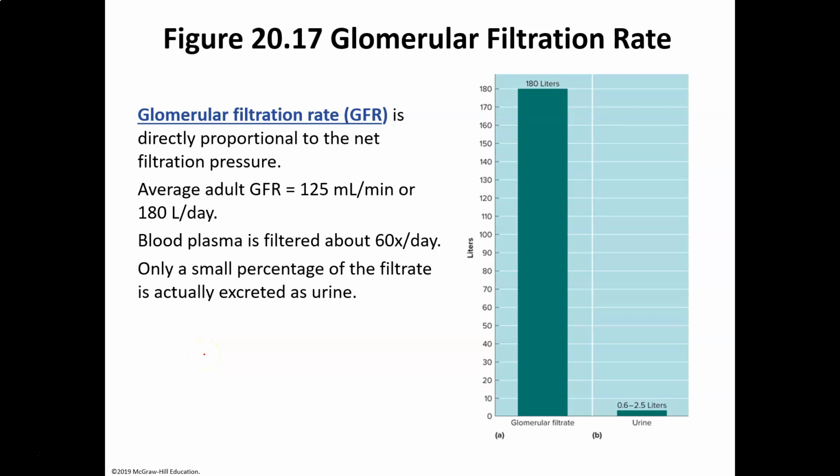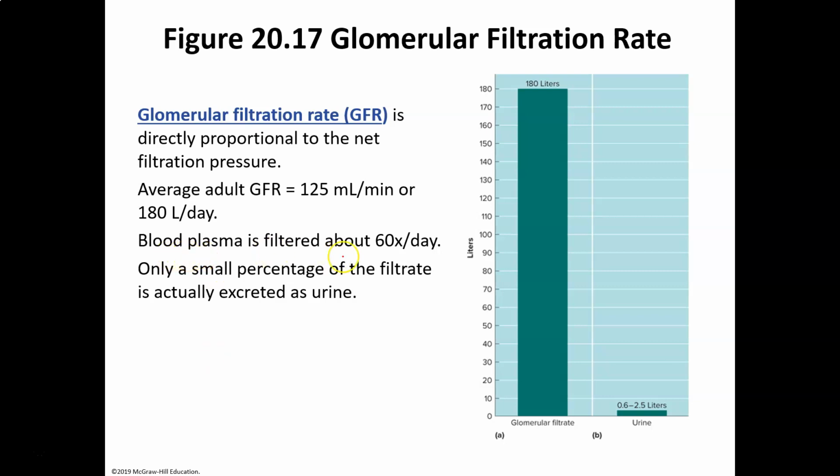And most of this, as you saw, most of the small molecules, small ions, end up in the glomerular filtrate. Red blood cells, large proteins, they do not make it into glomerular filtrate. They are still in the efferent arteriole.